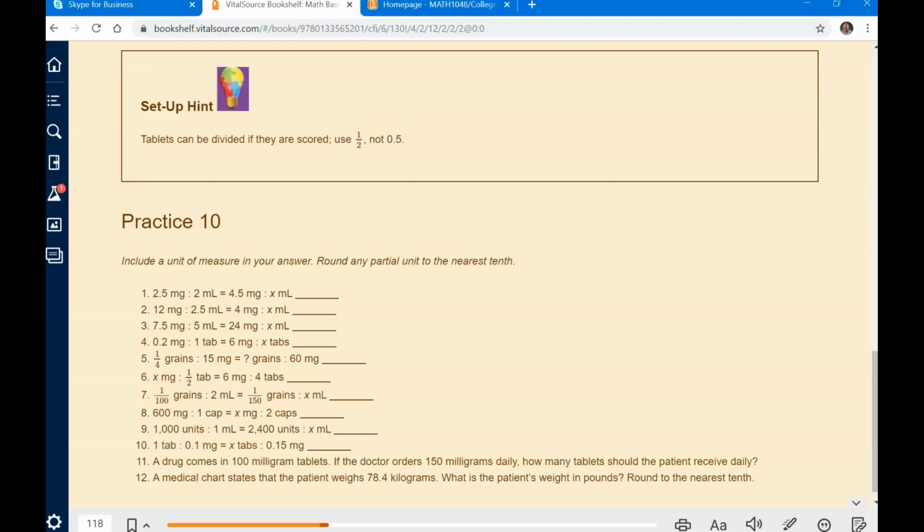Let's have a look at your book again. Let's do this one here.